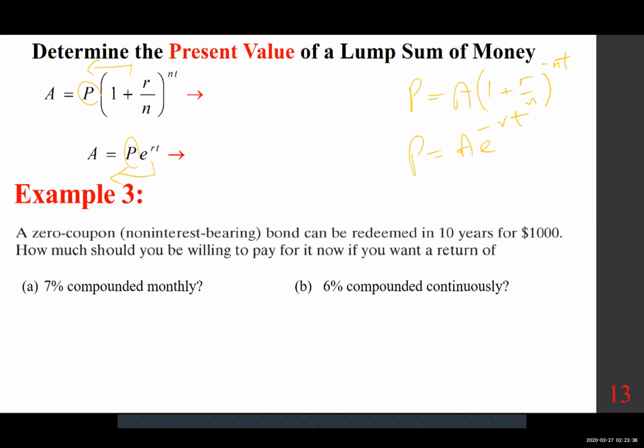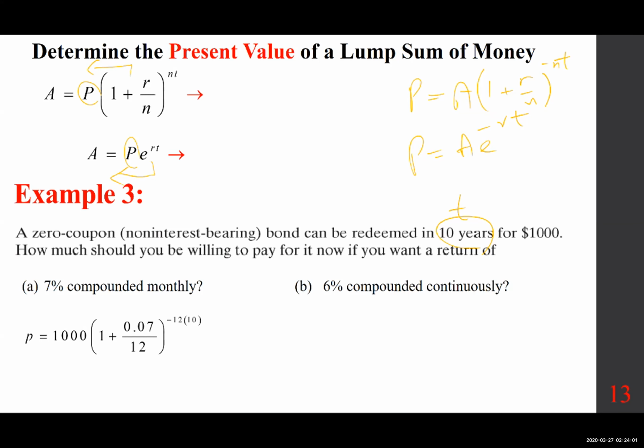So using that for the first one, when we have 10 years, that's the time. Bond can be reduced. Let's see, 10 years for $1,000. How much should you be willing to pay?